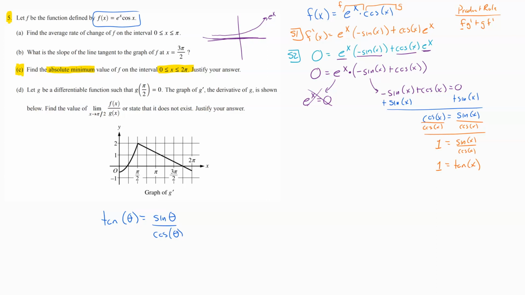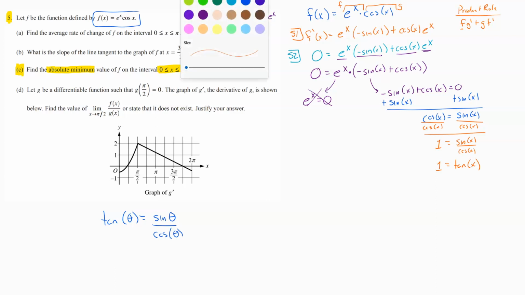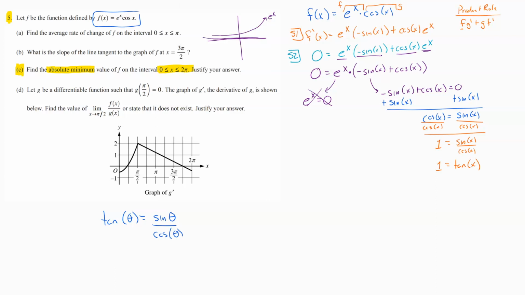From here, this is all about knowing your unit circle information, and more importantly, knowing those special triangles. When I'm looking for when it's 1, that is always going to be coming from my 45, 45, 90 triangle. It's one of those things I tell my students: write down your special triangles right at the beginning of the test, because you probably are going to need them, and if you've got them written down, you can access them real fast when you're not in the middle of a problem.